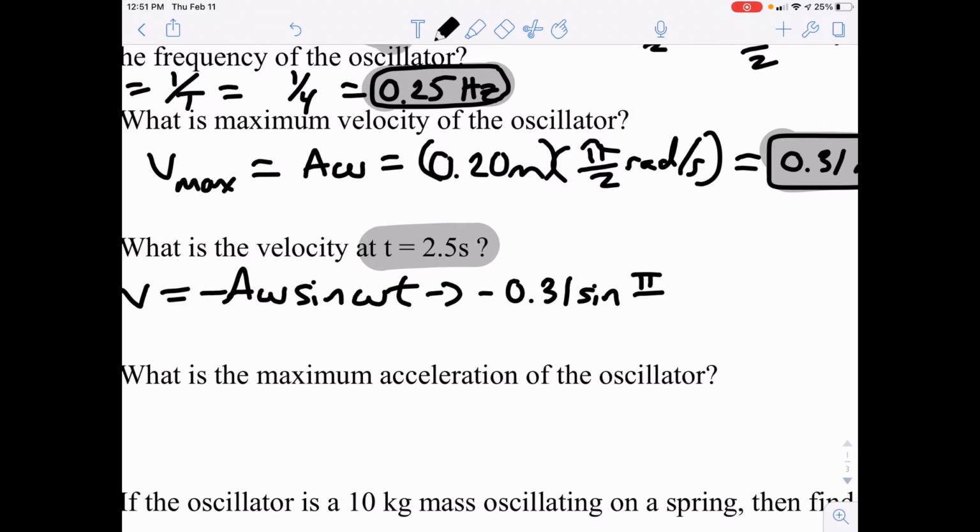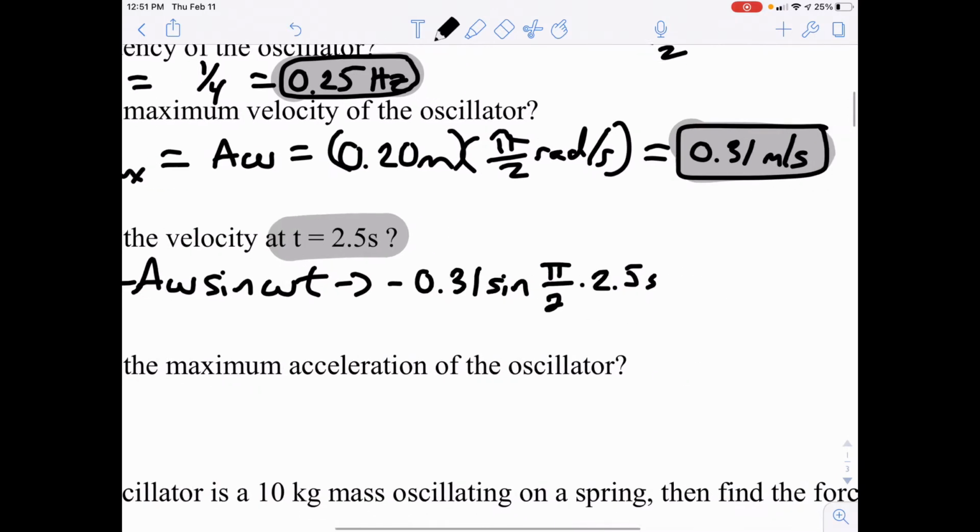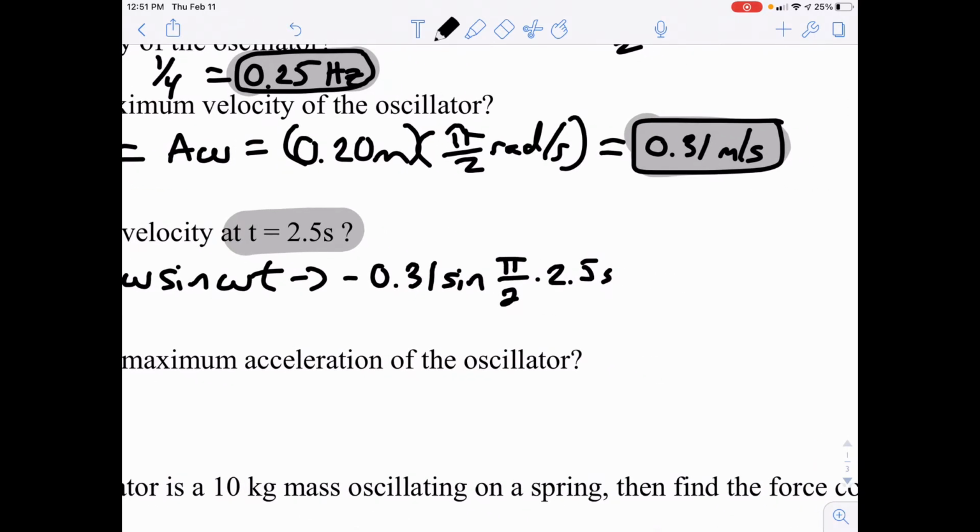Omega is pi over 2 times the 2.5 seconds. Remember to be in radians mode. So multiply pi over 2 times 2.5, take the sine of it, then multiply times 0.31. So we're going to go pi divided by 2 times 2.5, take the sine of that, and multiply by negative 0.31.